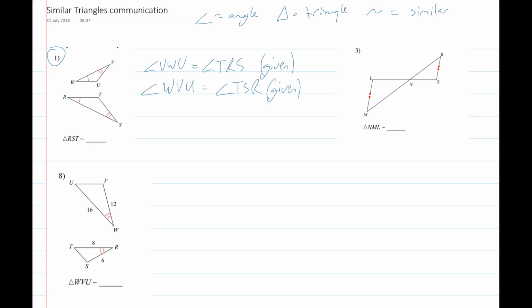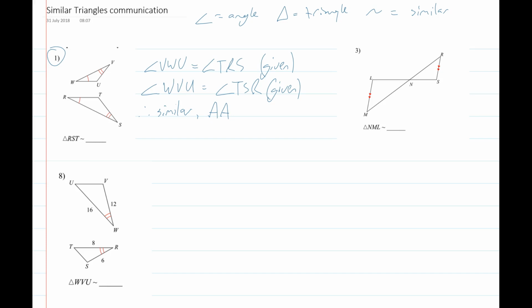Now, that satisfies one of the similarity tests, because you only need 2 angles to prove angle, angle, angle. So we're going to say, therefore, they are similar. And the reason is angle, angle. And then we have to complete our similarity statement.